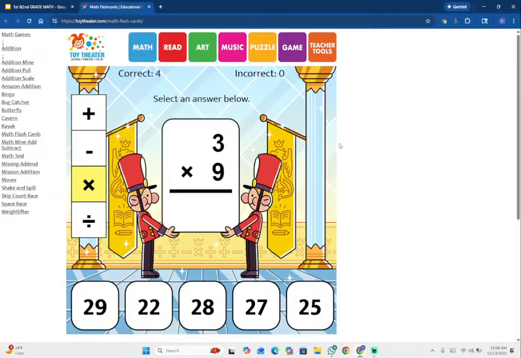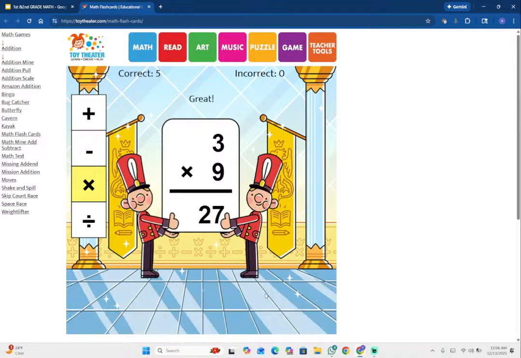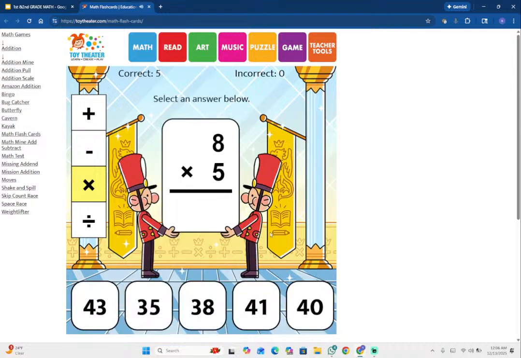So this right here means there's 3 sets of 9. So 9 plus 9 plus 9, 27. I'll give some extra time for this one.